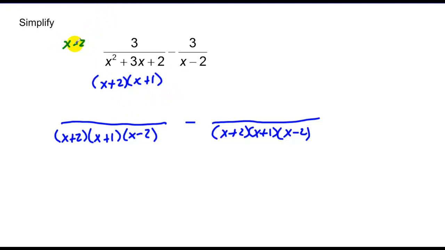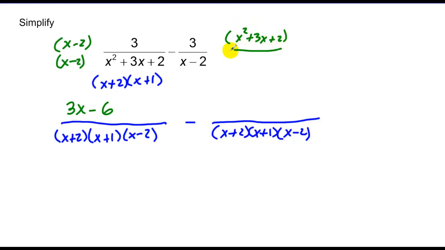So x minus 2 in the first term, and x plus 2 and x plus 1 in the second term, which is really this multiplication, so I'm going to list it as x squared, just makes multiplying easier, plus 3x plus 2 over x squared plus 3x plus 2, which is really that factored form down here.